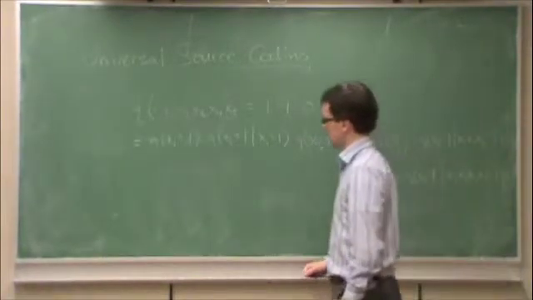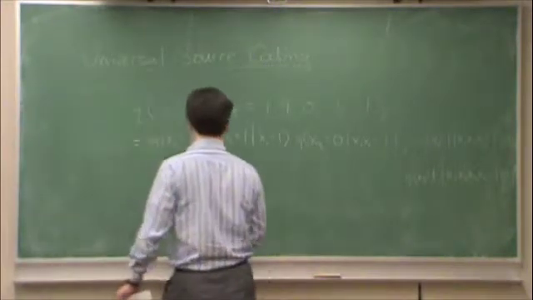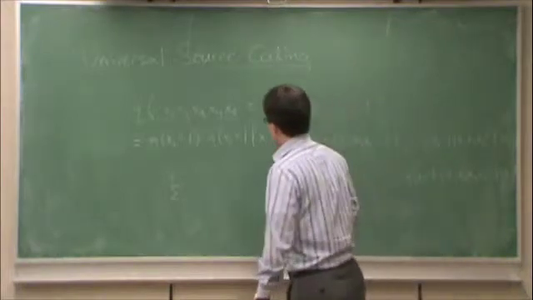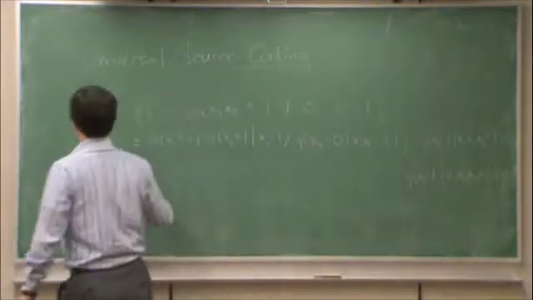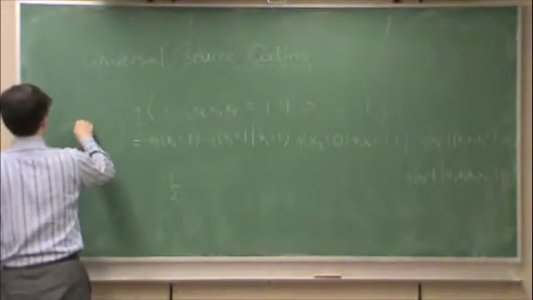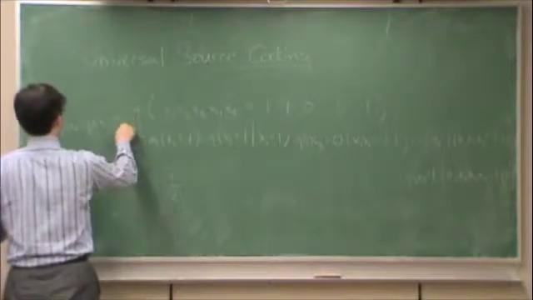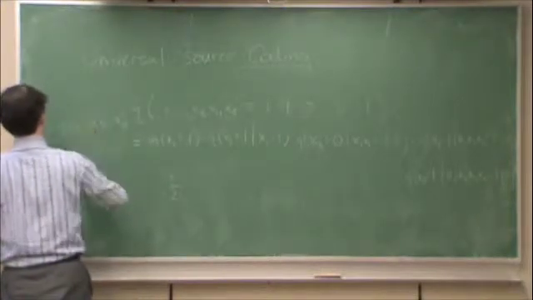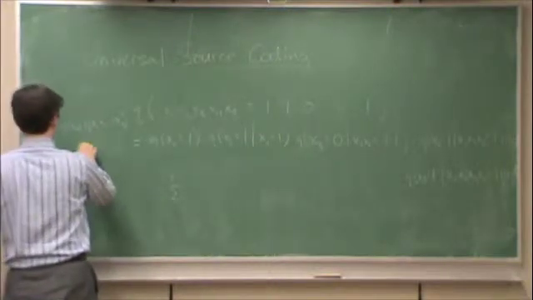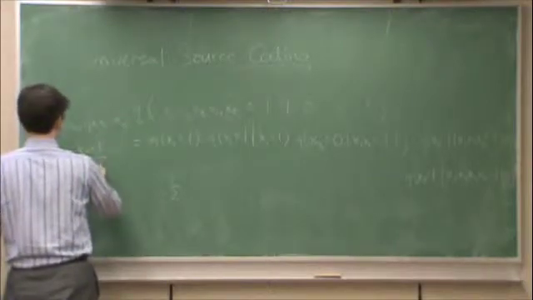So Q of x1 equals 1, we've already established this is 1/2. Let me write down the equation. Q of xn plus 1 equals 1, given x1 to xn is kn plus 1 divided by n plus 2.